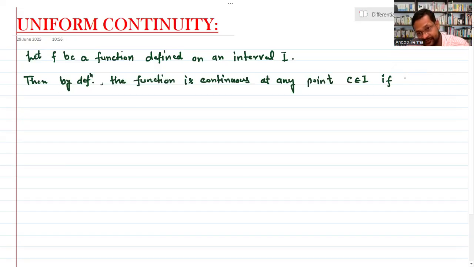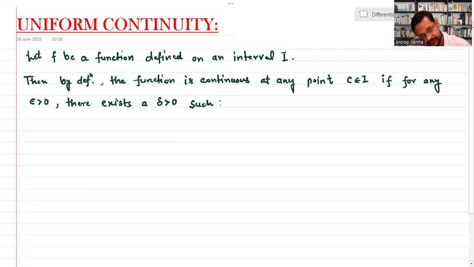So if for any epsilon positive, there should exist a delta such that mod of f(x) minus f(c) is less than epsilon when mod of x minus c is less than delta.